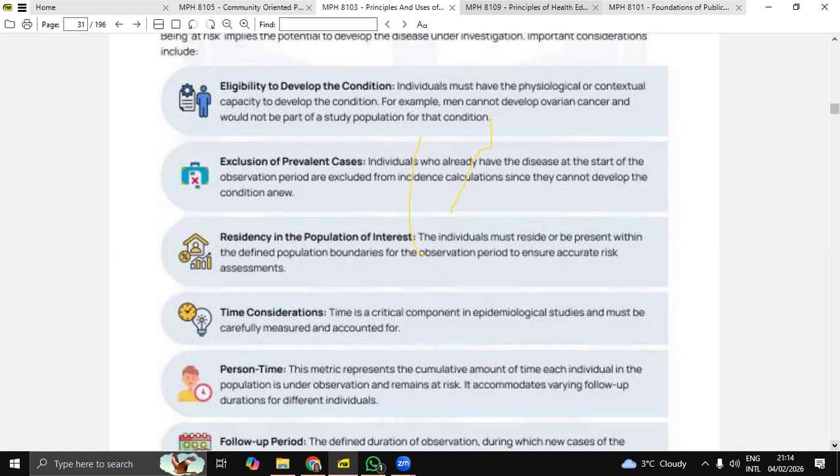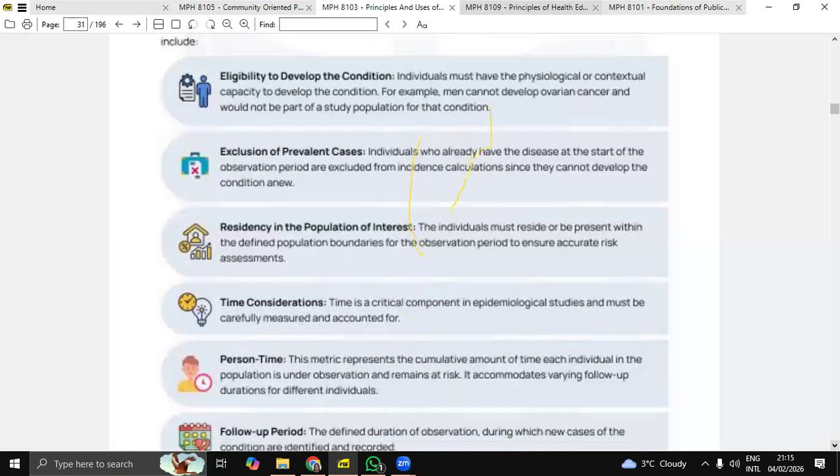If you want to talk about incidence, it's how many people out of how many. So 5 out of how many people are developing that disease. That denominator is the one down there, and to talk about it, we have to understand the population at risk. When you define your population at risk for any condition, the people you include must have the eligibility to develop the condition.